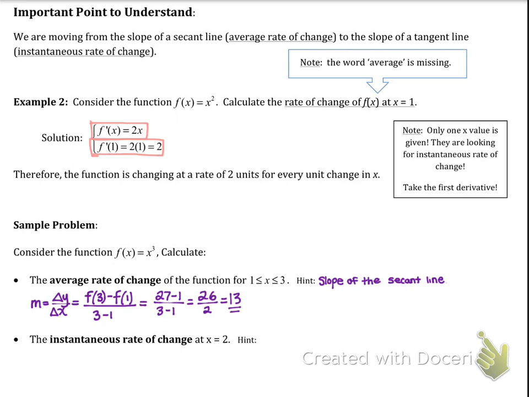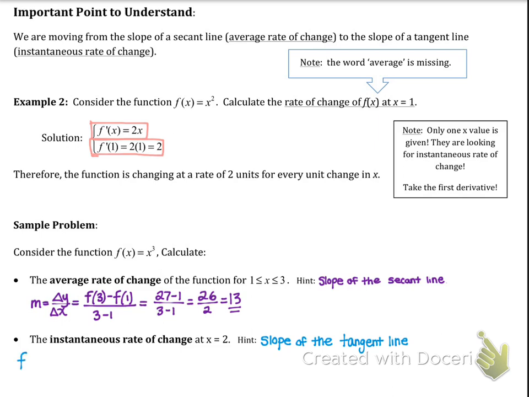So now if I wanted the instantaneous rate of change, though, at just one value of x at 2, you are going to think slope of the tangent line. And then the first step you're going to take to find this is to find the derivative of the function.